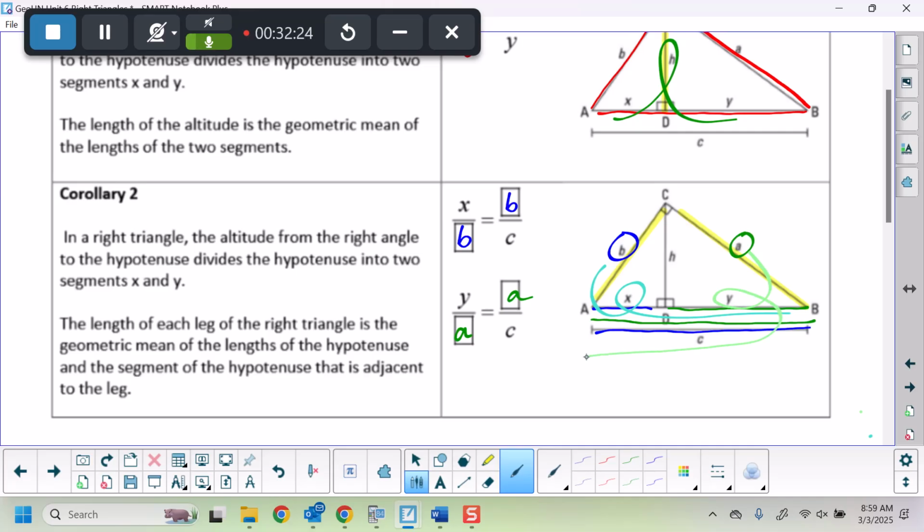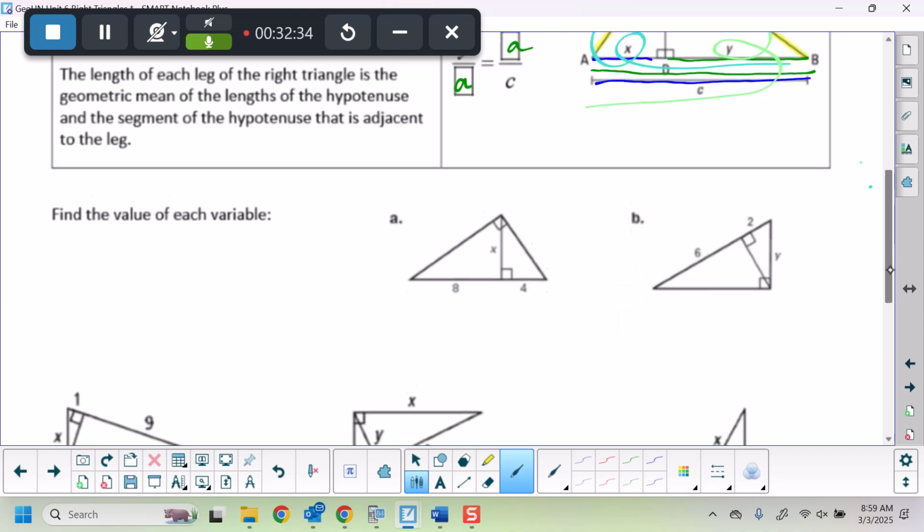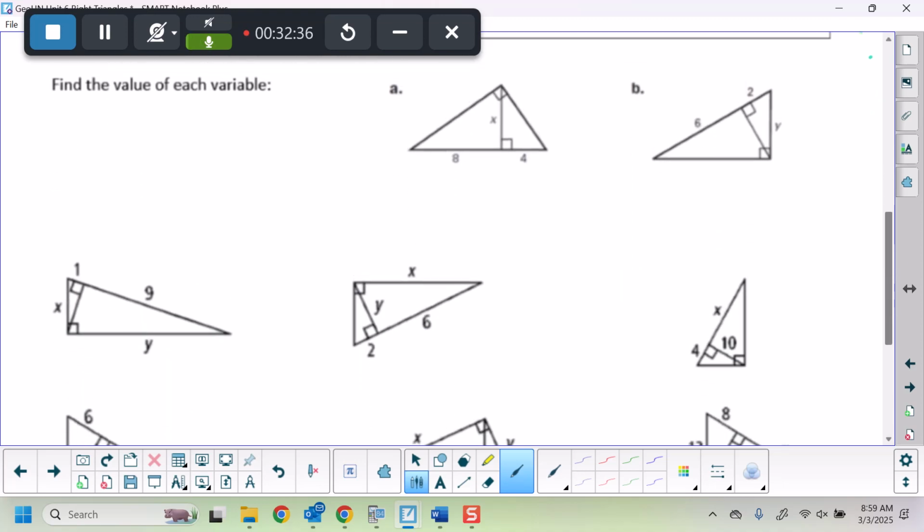If you don't like those loop-de-loops, don't muddy up your drawing, but they seem to help some kids who need a visual. All right, let's practice these. What they're going to give us is a bunch of problems that look like this. Now, if you want to take the time to redraw all three triangles and label them in matching orientations so that you can see corresponding sides, that will work.